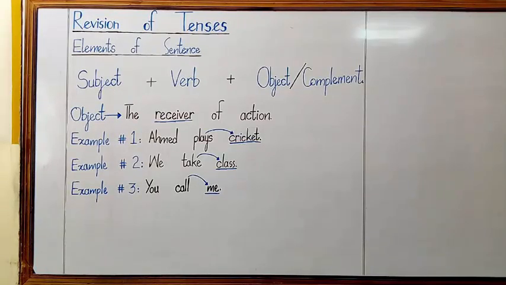The action of taking is affecting class. So, class is the receiver of action. Hence, class is object in this sentence. Example number 3. You call me. Me is receiving the action of call. Hence, me is object in this sentence.